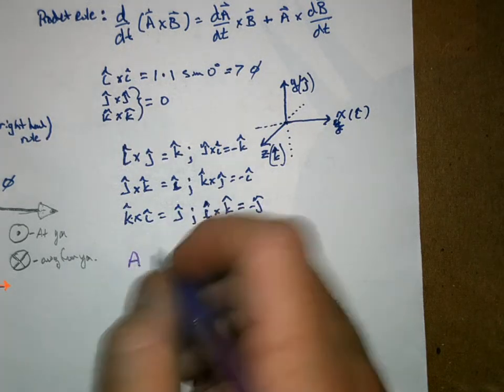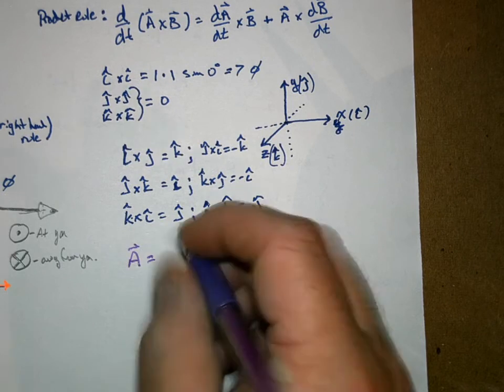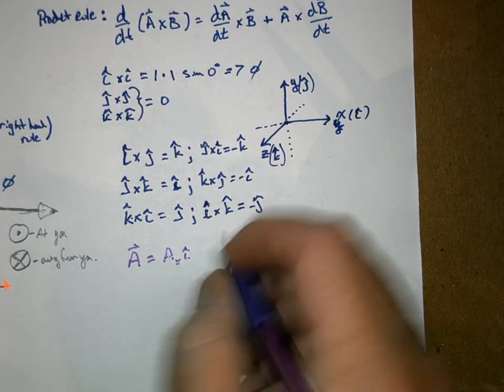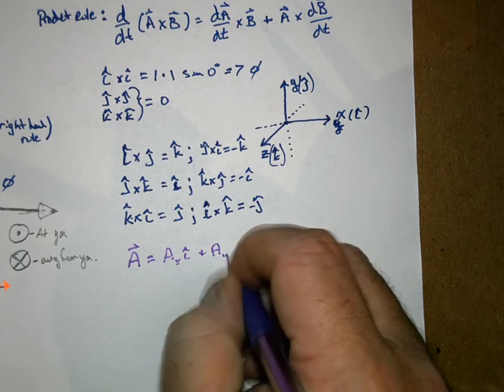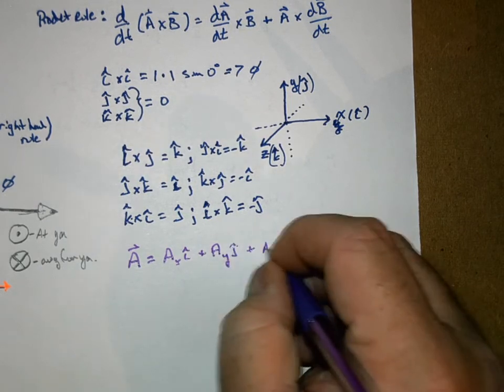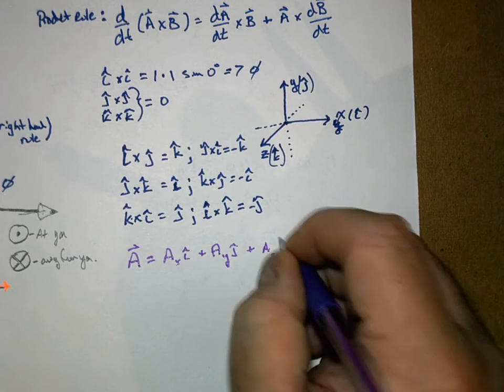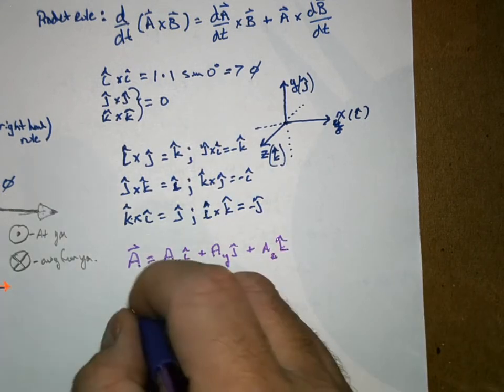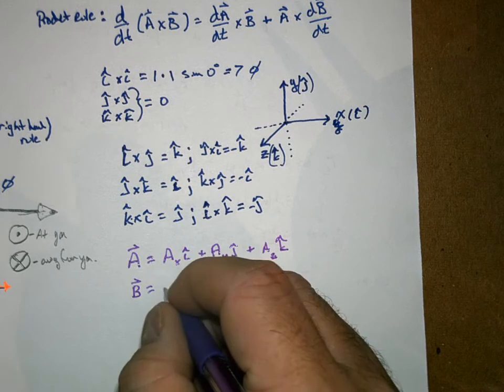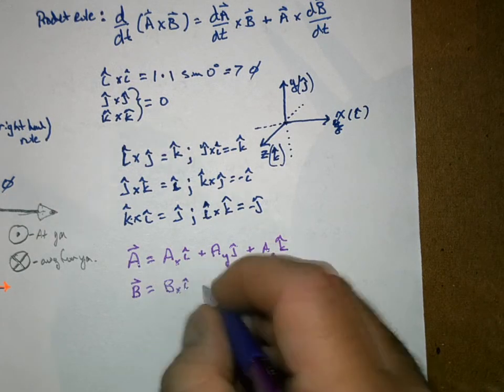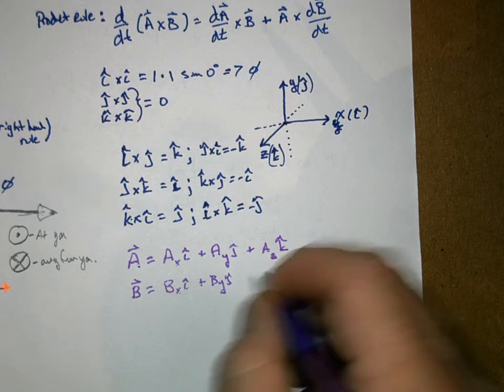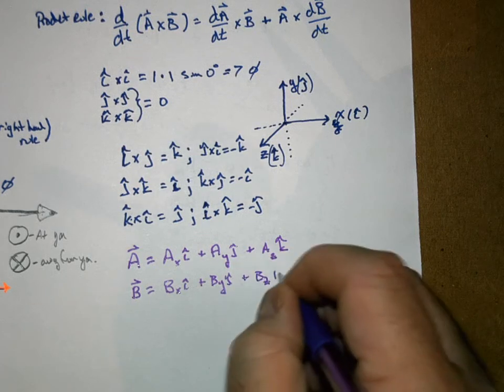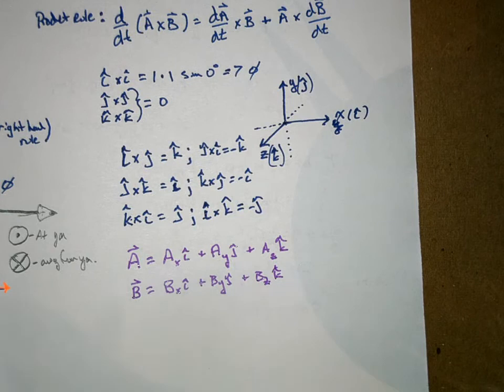So if vector A equals Ax i hat plus Ay j hat plus Az k hat, and B equals Bx i hat plus By j hat plus Bz k hat, and we're going to cross these. Well, you can see where this becomes a pain in the butt, and this actually becomes distributive, where these get distributed to each other.